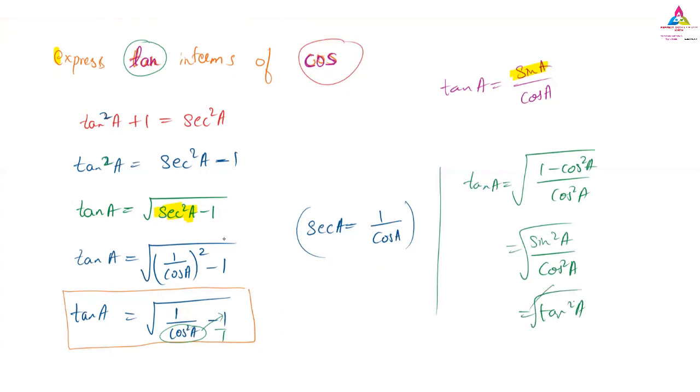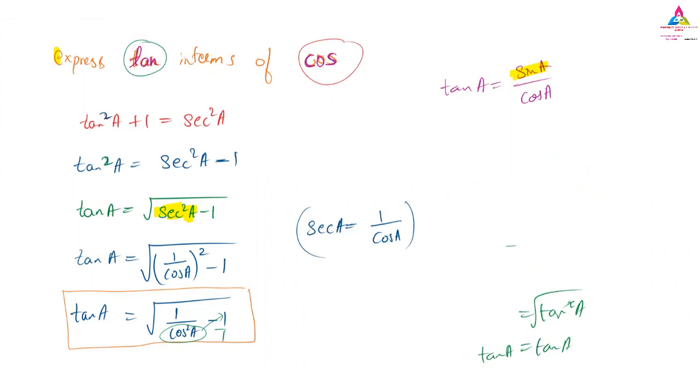Root and square get cancelled. Again it became tan A. So you have missed everything and written again in terms of tan A. I am not asking about tan A. So when you get cos A as the answer, there only you have to stop it. So like this way you can convert a tan in terms of what? Cos. Okay, any doubt you have here?